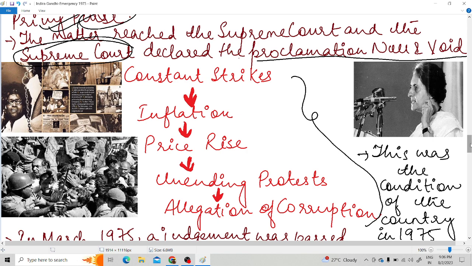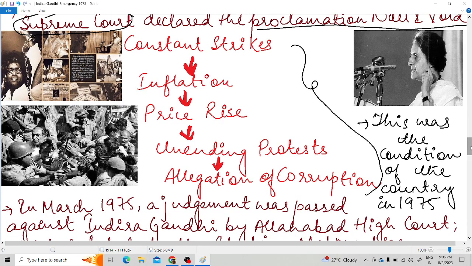Here we'll see the chart. First of all, check the picture where we can see riots are happening and strikes are going on. Police is on control of the crowd, the rush, the riots which are taking place, and the total country was under disturbance.